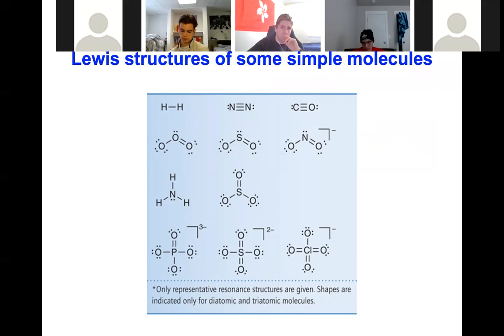So here it's just two electrons. That's not the octet rule, that's a two electron rule. That's a special case for hydrogen, because hydrogen does not have enough electrons to form an octet.